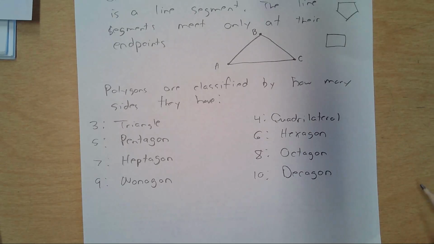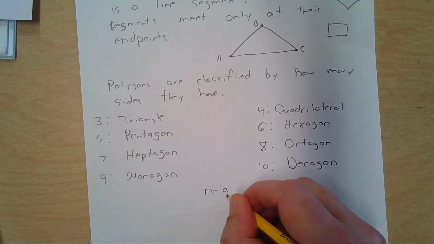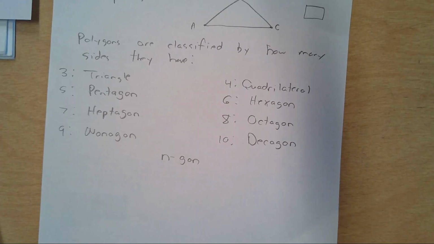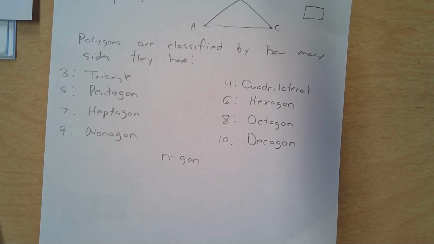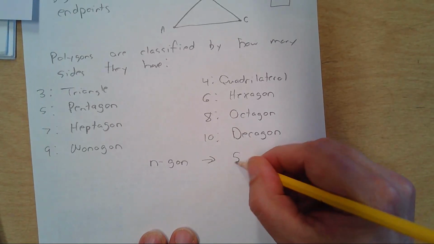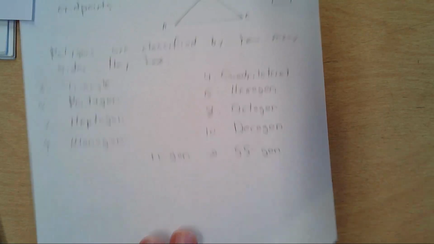But once we get up to a certain level here, they can call things an n-gon. What is that? Like, say, if I was dealing with a 55-sided figure, who knows the name of a 55-sided figure? Well, not me. There is a real name for it, but I don't know what it is. So instead of calling it whatever it happens to be, we could call it a 55-gon, or any amount of sides.